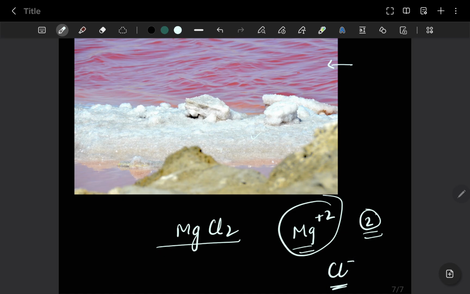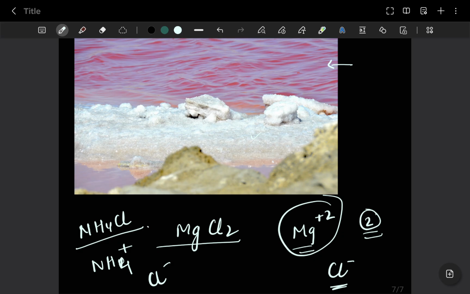Clear? Then the word ion is also applicable to an entire molecule that is electrically charged, not just an atom. If I say ammonium chloride, in ammonium chloride, you know ammonium is positively charged, chloride is negatively charged, and here in ammonium one nitrogen is covalently bonded to 4 hydrogen atoms.